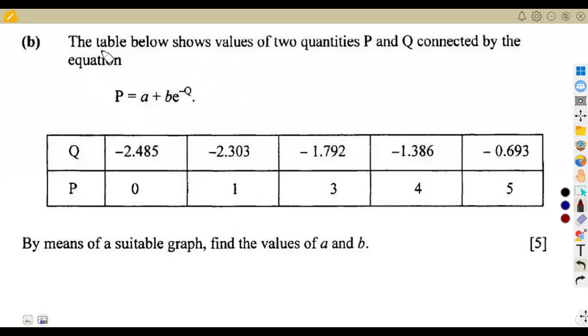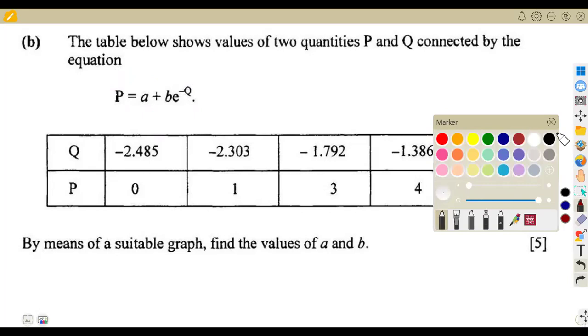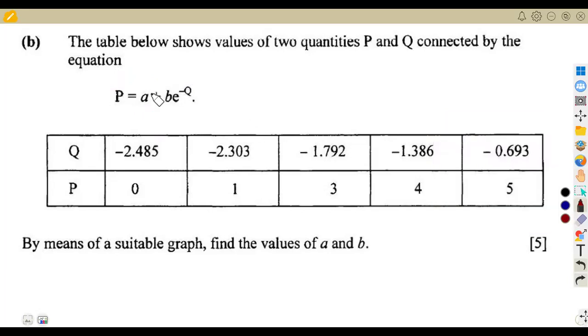We are given that the table below shows values of two quantities, P and Q, connected by the equation. So this here is an equation which is connecting what? P and Q. I want us to take a closer look into this equation.